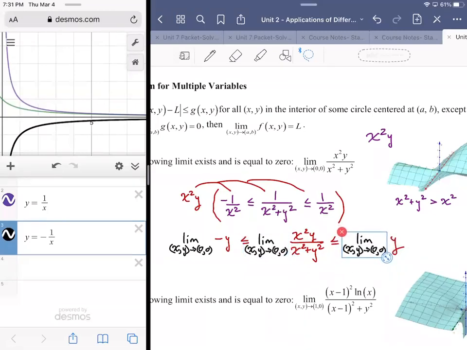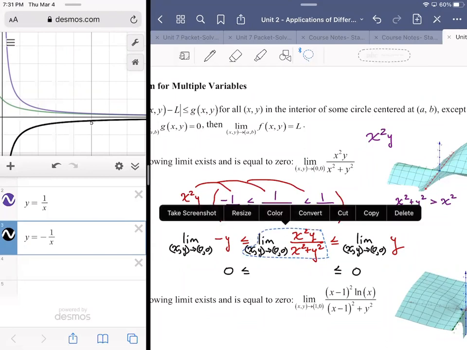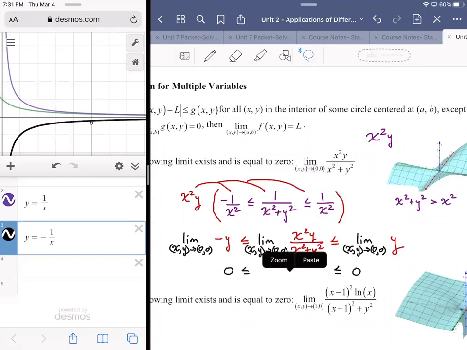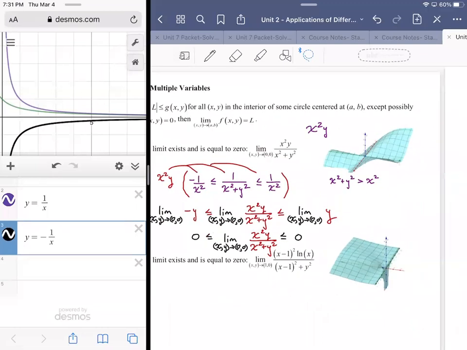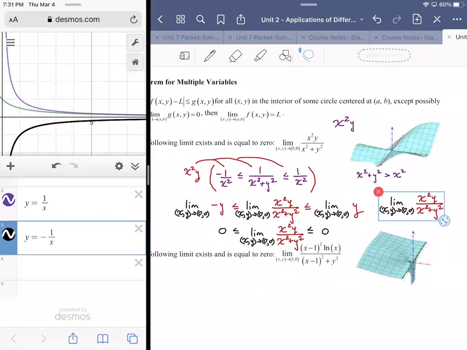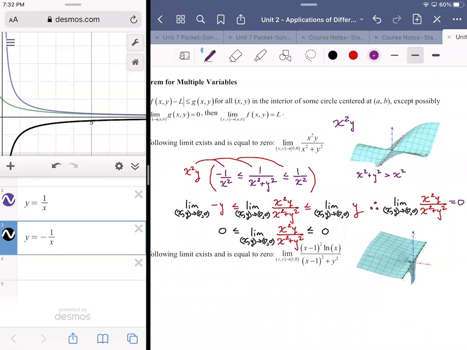So that's going to help us figure out the limit itself. We're getting 0 less than or equal to all of that middle stuff less than or equal to 0, which tells us that the limit of the original question has to be equal to 0. So therefore, the limit's equal to 0.